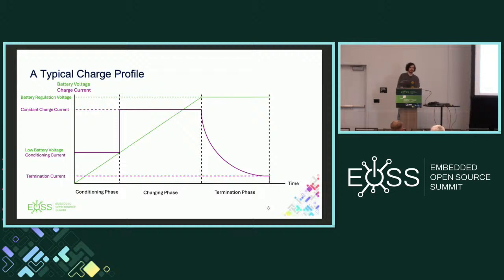Again, this is specified by the battery pack manufacturer, and at that point, the power converter is operating in a constant voltage mode, and the sunk current is allowed to decay in an exponential way until ultimately we hit the termination current, which is a threshold where the current going into the battery has slowed down enough that we can call this battery charged and done.